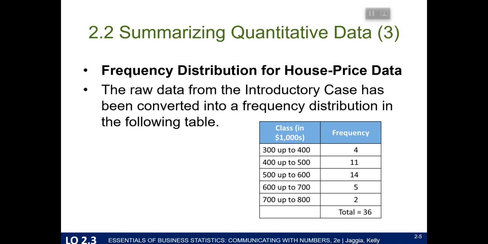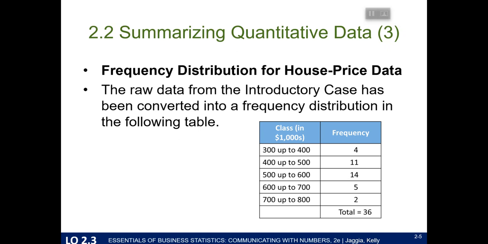You'll notice that 400 is included in 2 classes, and 500 is included in 2 classes. Really, you want to make it 300 to 399 and 400 to 499, or something like that.